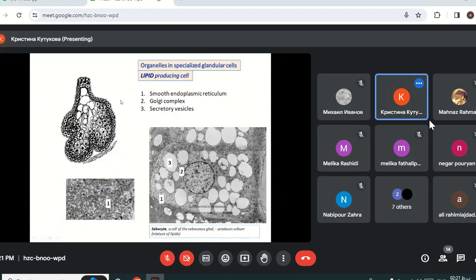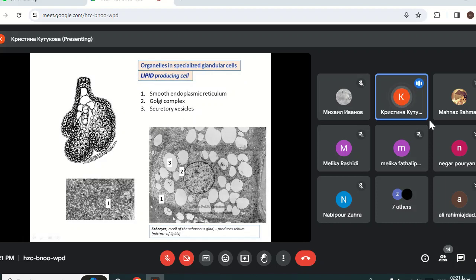Next, the lipid-producing cell will have a lot of smooth endoplasmic reticulum, or histologists say that they have well-developed smooth endoplasmic reticulum, because smooth endoplasmic reticulum is the organelle where lipids are synthesized. Next, Golgi complex for packaging of these lipids, and finally secretory vesicles, secretory granules.